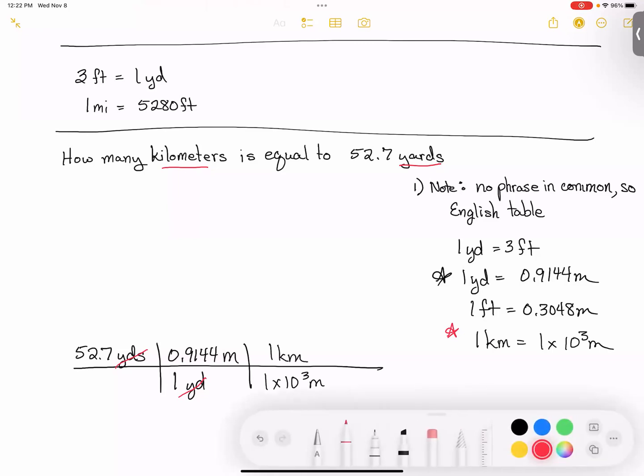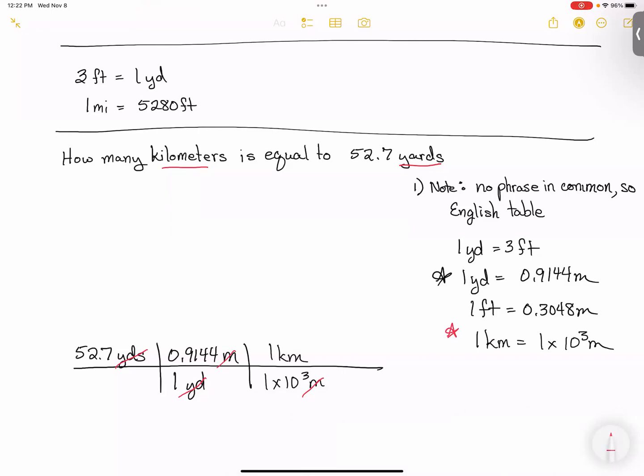The meter had to go in the denominator so that the unit went away. And the answer comes out to be 0.0482 kilometers.